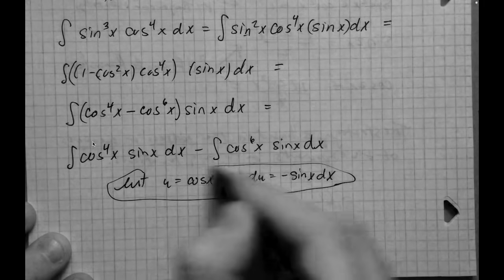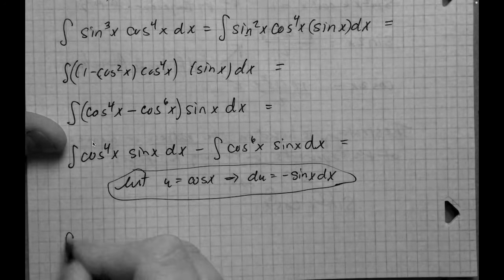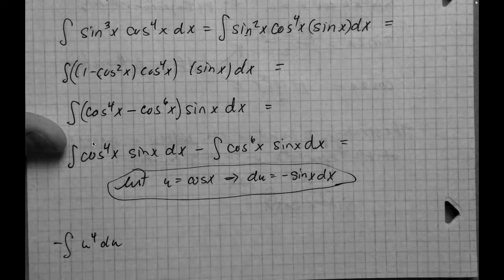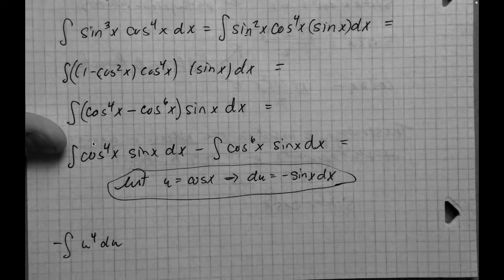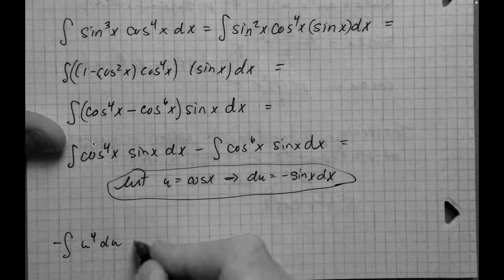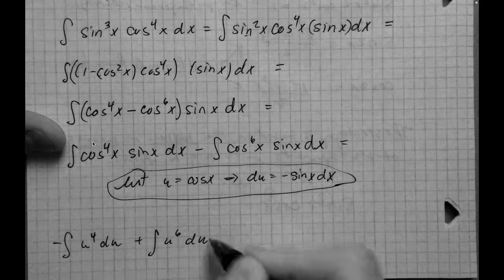Okay, so we get our u substitution here. And so that means we have negative u to the 4th du, and then it's going to be plus u to the 6th du.